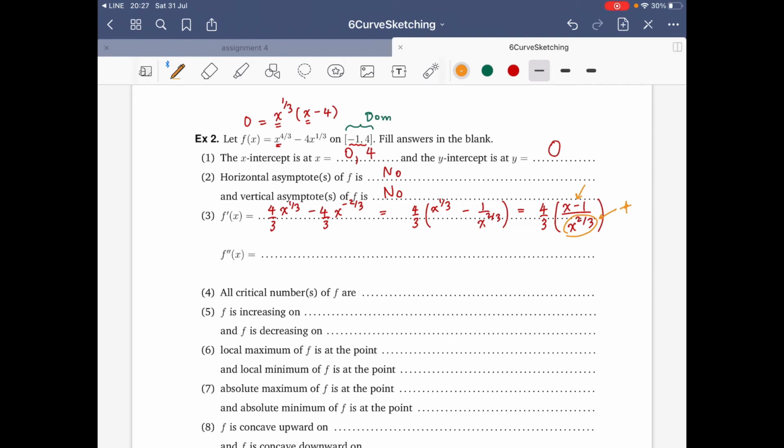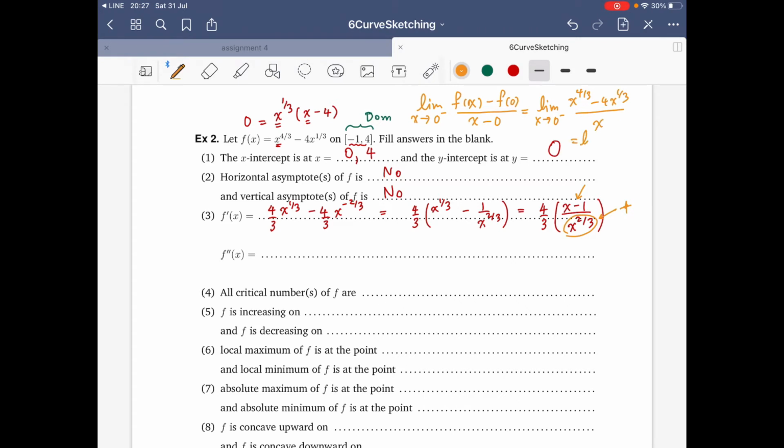And actually if you really take care of the limit as your x goes to 0 from the left of f of x minus f at 0 over x minus 0, you see that this one is actually x raised to the power 4/3 minus x raised to the power 1/3, and then over x, right?